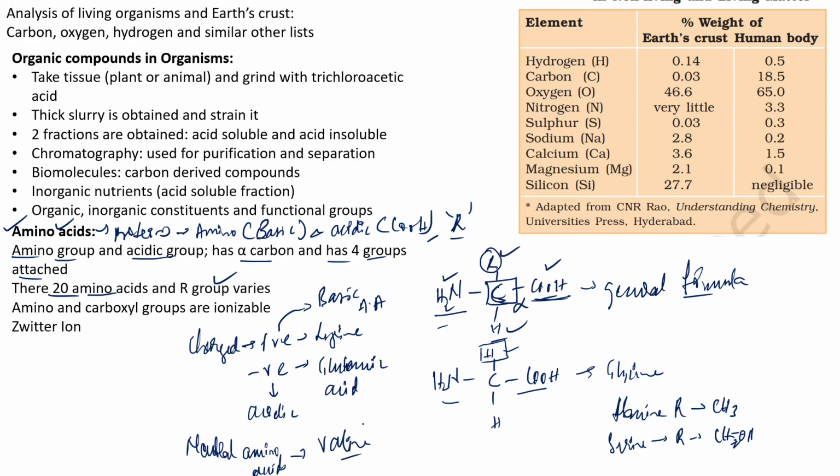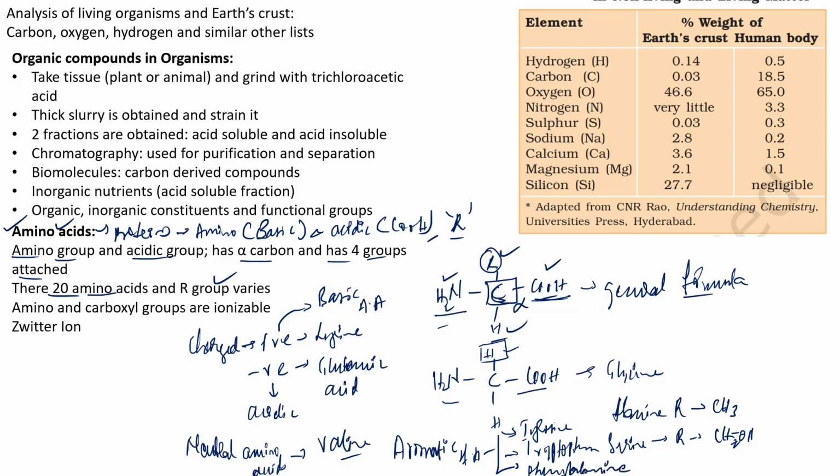An example of a neutral amino acid is valine. In some cases you also find aromatic amino acids. There are 3 examples mentioned in your textbook: tyrosine, tryptophan, and one more, phenylalanine.